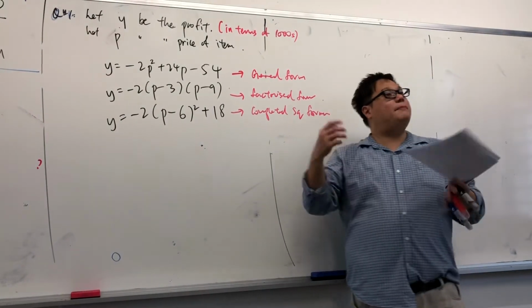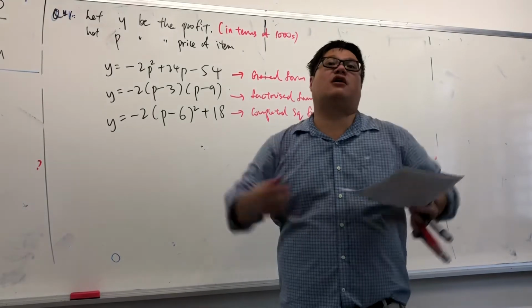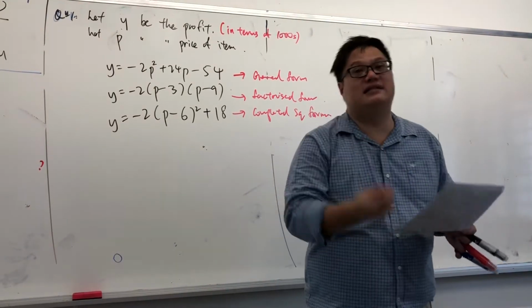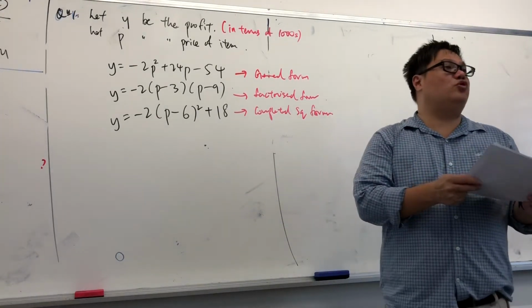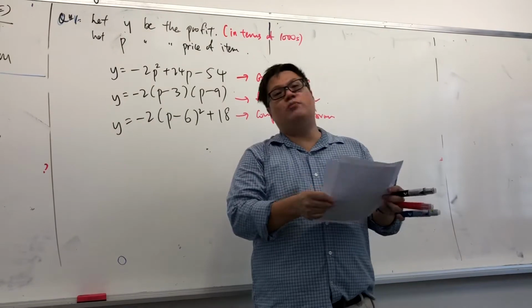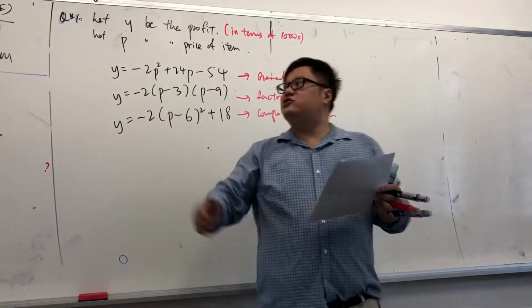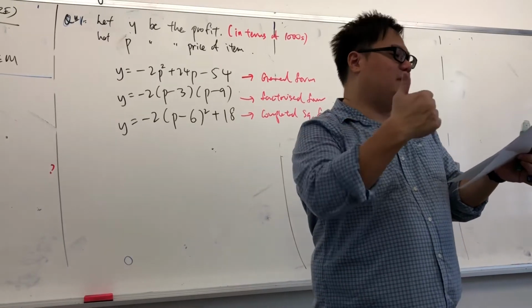Okay, so in the past we tried this exercise before, but it was questions. But now I put it in a context, and let's see if you can understand this a little bit better. Okay, very quickly, take 2 minutes. Do it by yourself first. In 2 minutes, I want you to consider which form can best give you a profit of $0.